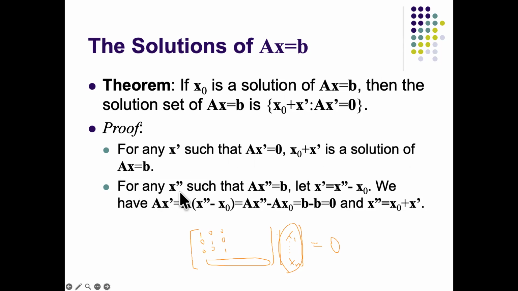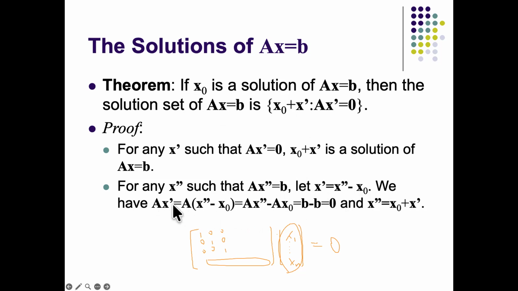For any X double prime such that AX double prime equals B, because this is an if-and-only-if, we need to show that any solution of AX equal to B can be written as X0 plus X prime. So for the other direction, given X double prime with AX double prime equal to B, we just let X prime equal X double prime minus X0.